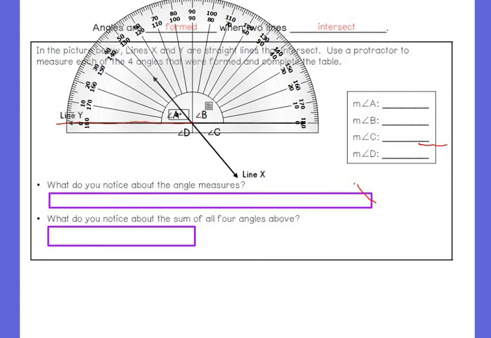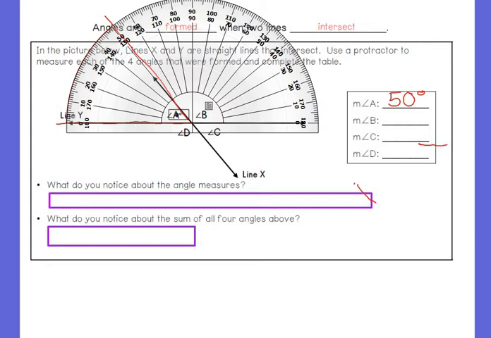I see a line here from my shape. Well, I've got to find the 0. So am I using the top set of numbers or bottom set of numbers? The top. So looking at my protractor, what is the angle measure of my shape? 50 degrees. So the measure of angle A is 50 degrees.